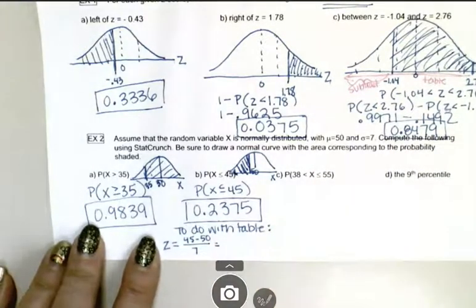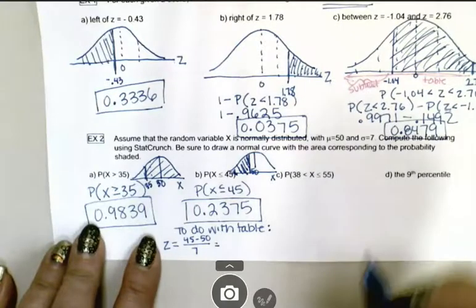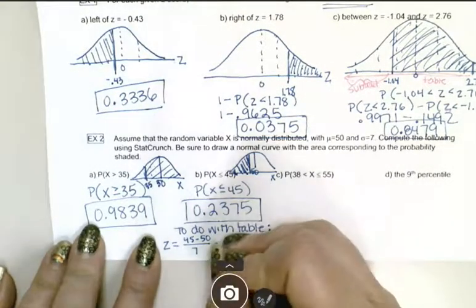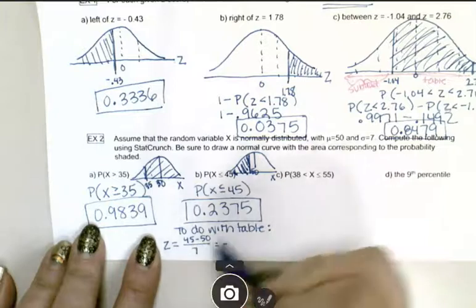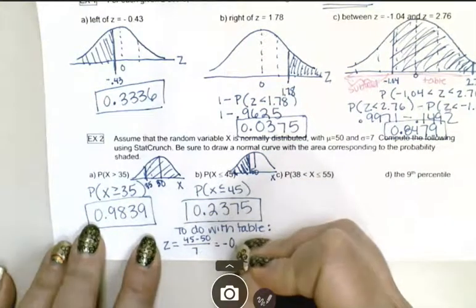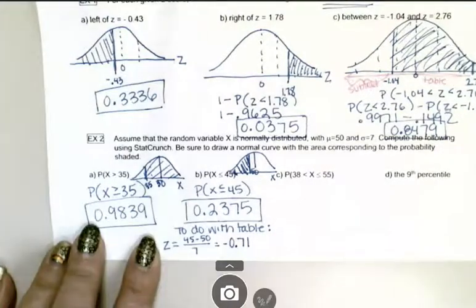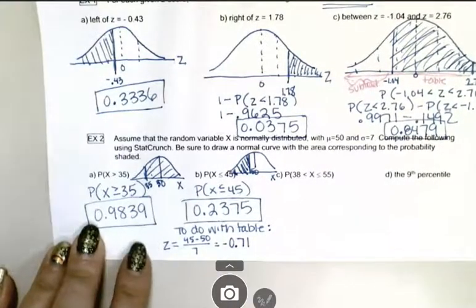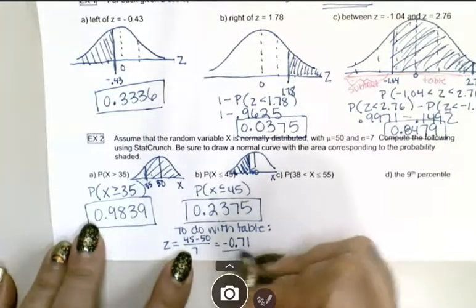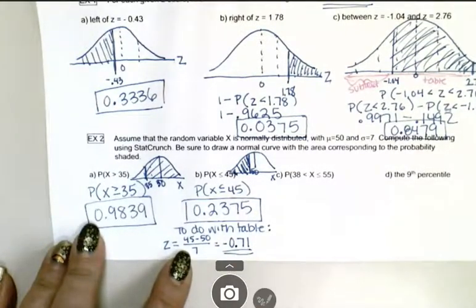Remember that z-scores are rounded to 2 decimal places, and that's what my table is based on. So -5/7 rounded to 2 decimal places is -0.71. So to do with the table, this is the value I would have to put into my table, -0.71.